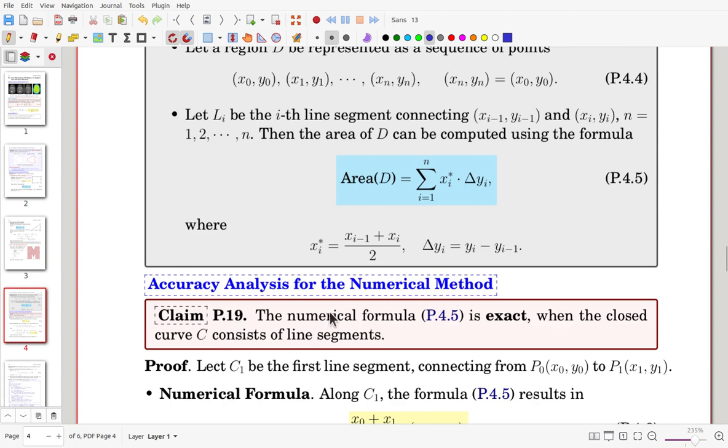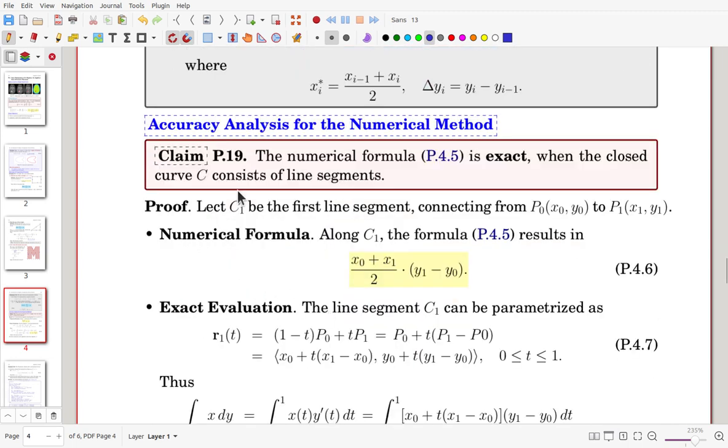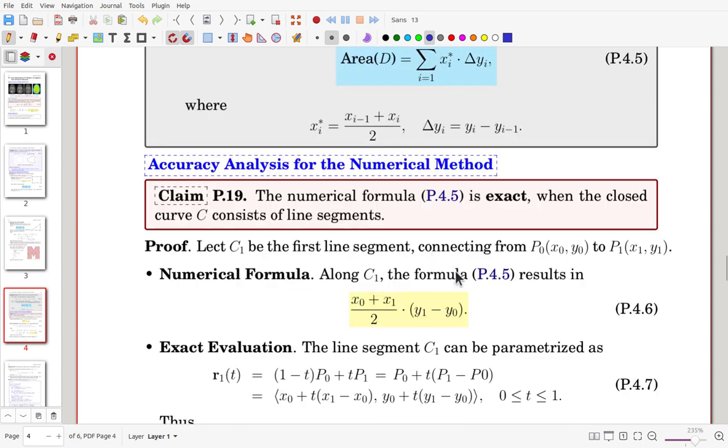Let's look at the proof. We focus on the first line segment, C1, connecting from P0 to P1. Then the numerical formula gives, along the first line segment, the mid value of x times the change in y.